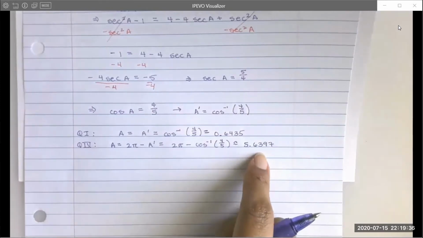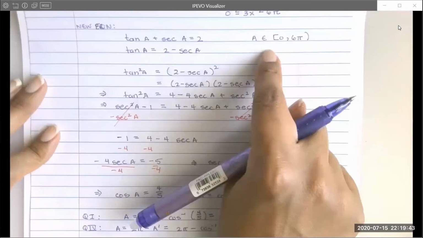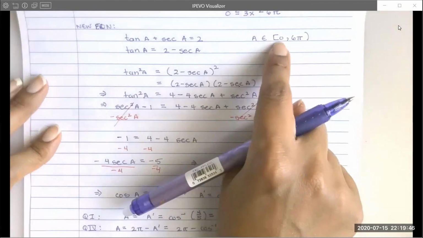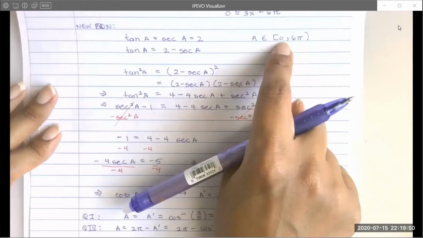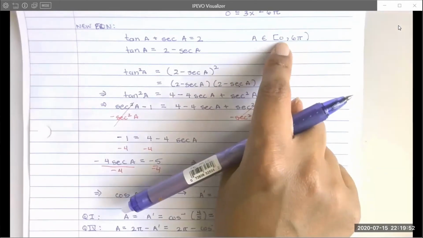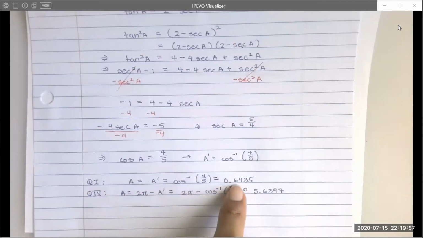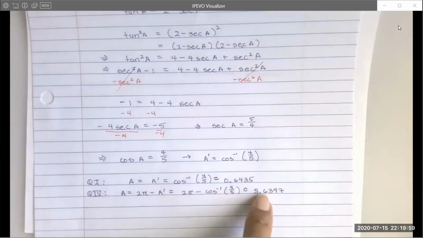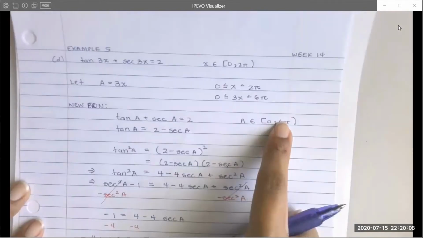Okay, now let's go back to what the allowed range for A is. The allowed range for A is 0 to 6 pi. So we have to consider the angles that are coterminal with these angles, 0.6435 and 5.6397, all the way up to three full cycles, because 6 pi is 3 full cycles.